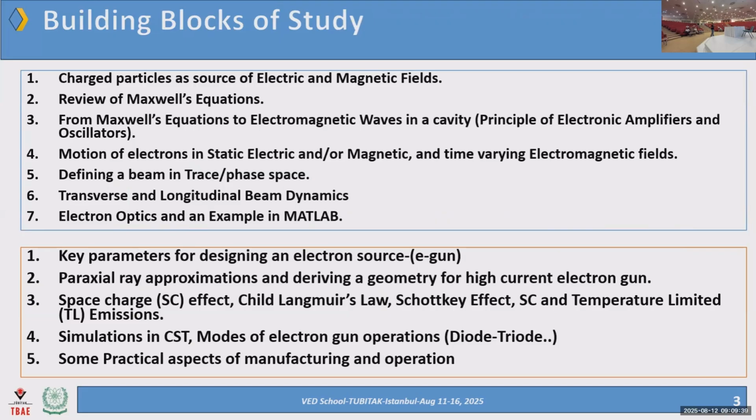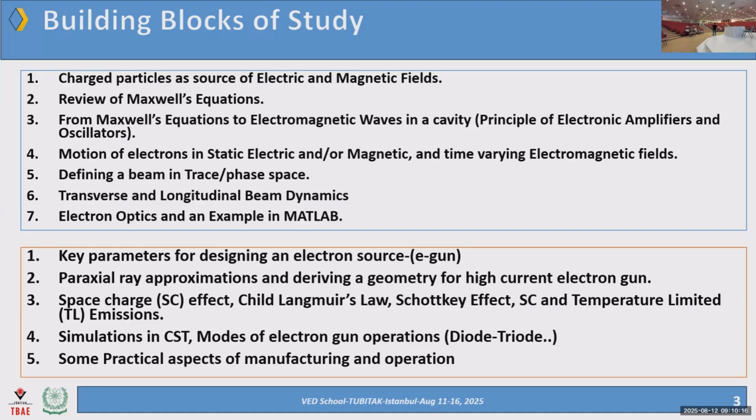Then we will discuss the wave equation, and find how Maxwell's equations can be used to devise the principle that basically governs klystrons, magnetrons, gyrotrons, or any other vacuum device. We will discuss in some detail the electrons' motion in static electric field, in magnetic field, in electric and magnetic fields, and what happens if the fields are time varying.